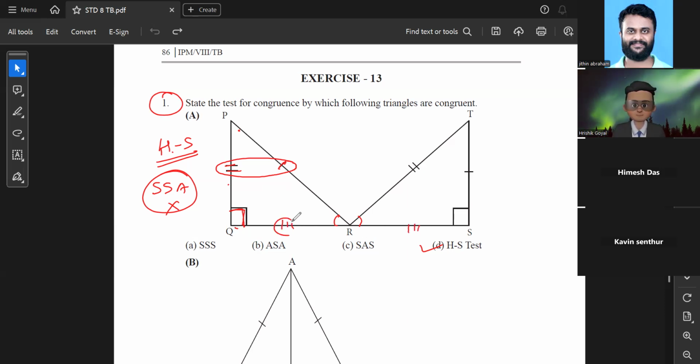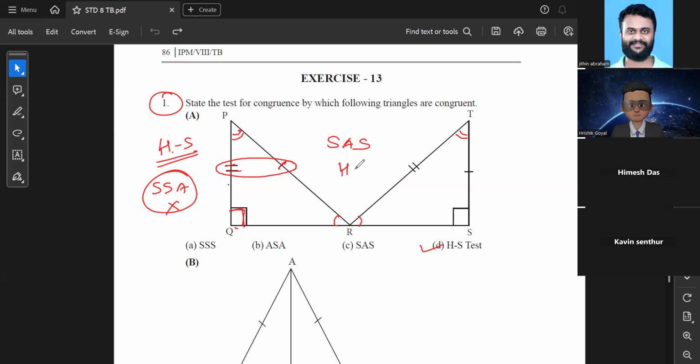Then it would have been SAS test. है कि नहीं? Yes. The sequence is very important. So if angle QPR and RTS are congruent, then it would be SAS test. Yes, that would have been there. If this was already given that they are congruent, then you can directly say, okay, fine, SAS is also a correct answer. HS is also a correct answer.